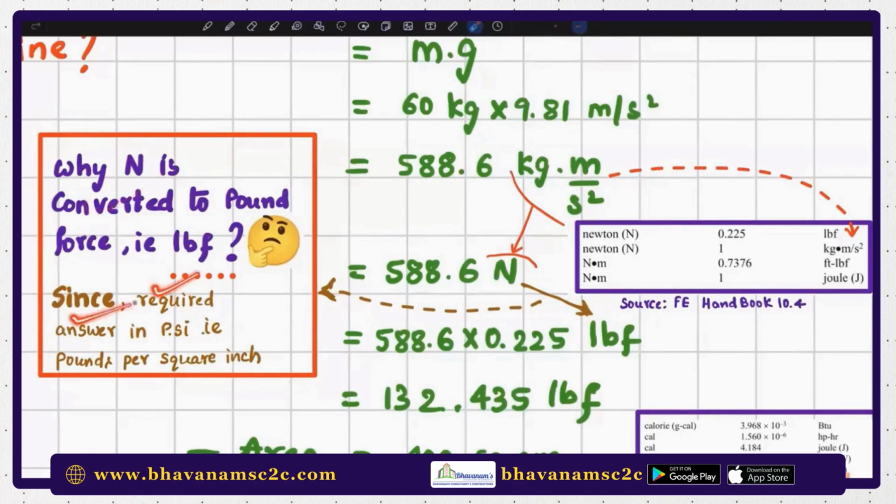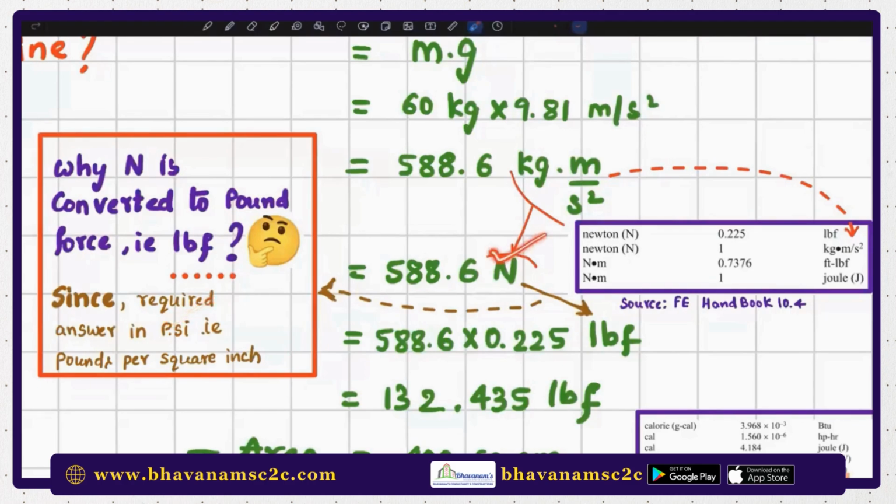Since the required answer is in pounds per square inch, pounds will be in the numerator and inch square in the denominator. For the numerator, pounds is nothing but force. It means the question is hinting that the force which you are finding should be in pound force.